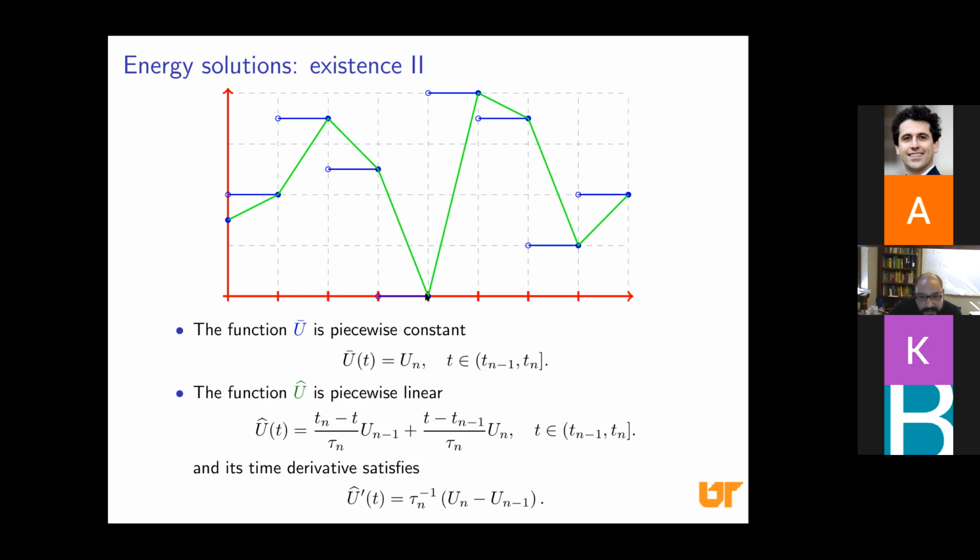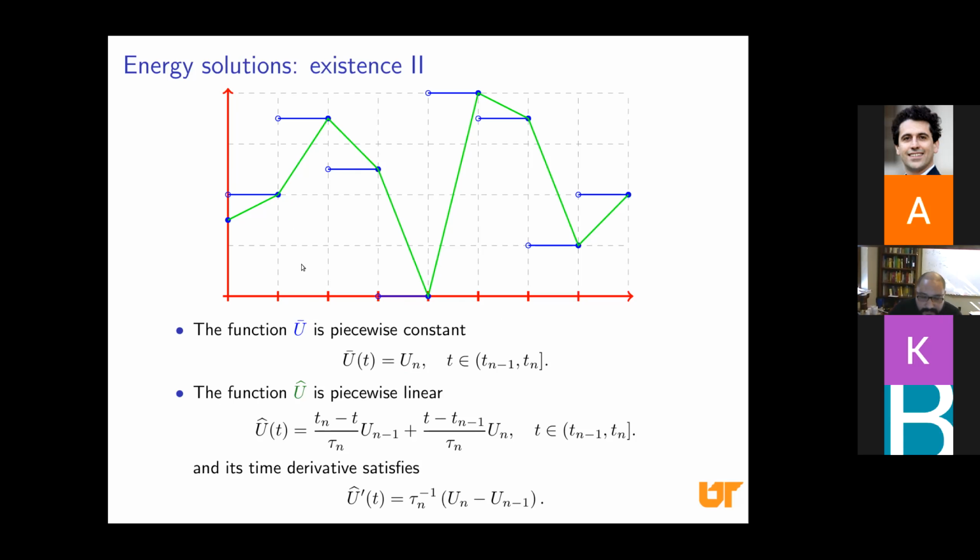What we can do is be, for instance, constant in each subinterval. So I'm just going to fill the gaps by using a constant, to the left, sorry, I move to the left to preserve causality. And that is the function that I'm going to denote from now on by a bar.